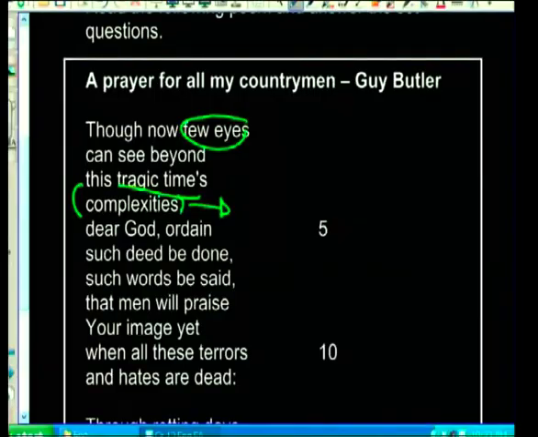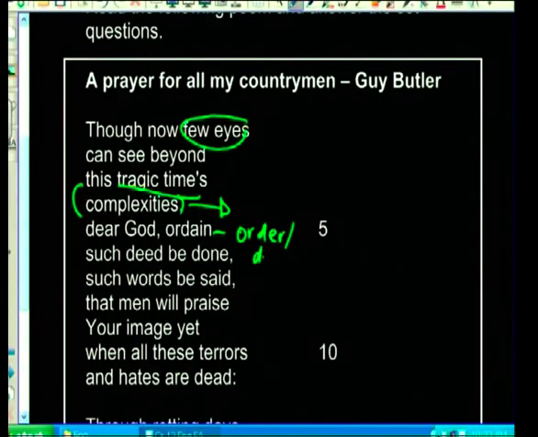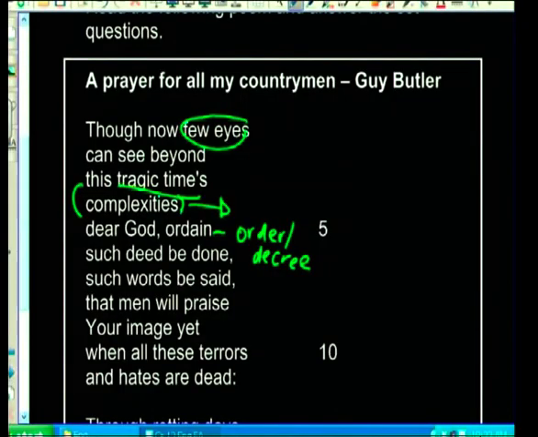He says, dear God, please ordain, please order or decree such deed be done, so that the things that we do, such words be said, so that the words that we say, that men will praise your image yet. Everything that we do will be in your image, when all these terrors and hates are dead.